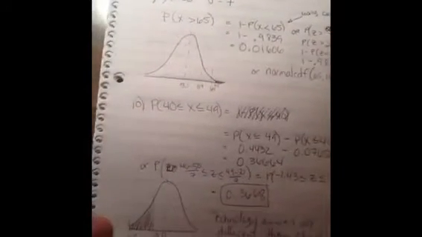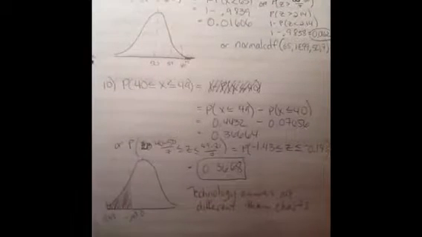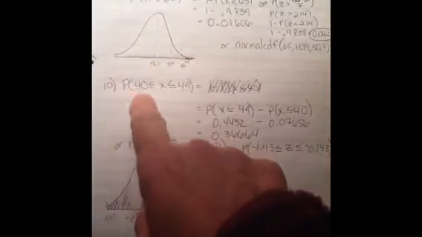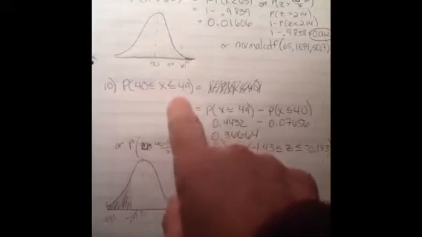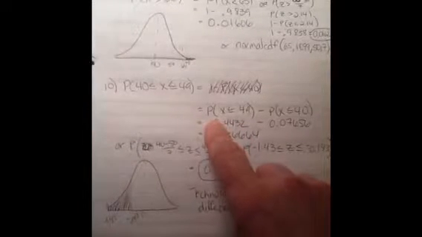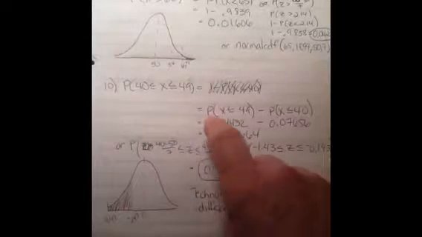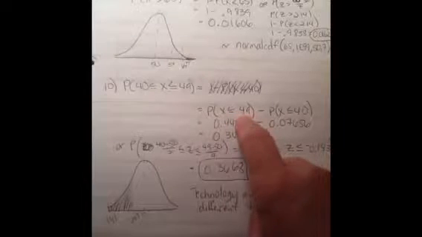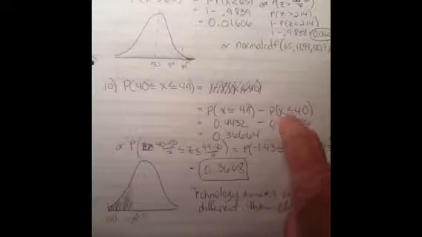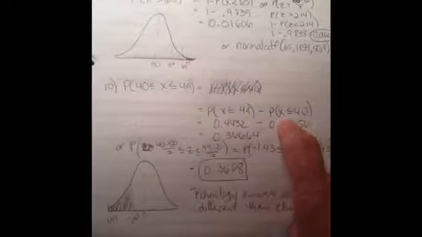Now in number 10, we're looking at in-between values. So what we could do is take the probability that x is between 40 and 49. That's the same thing as saying the area under the curve to the left of 49 minus the area under the curve to the left of 40.